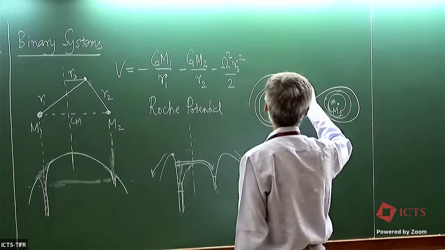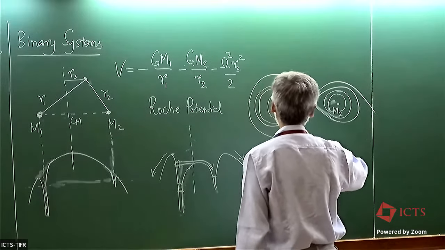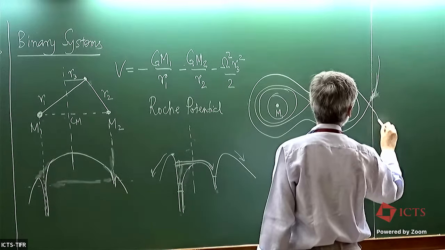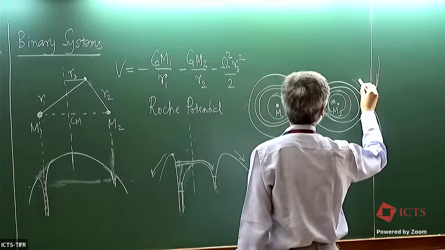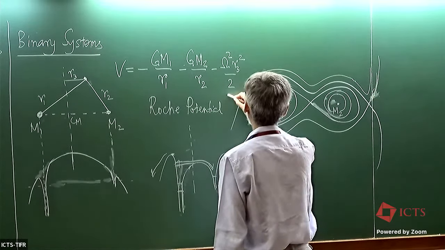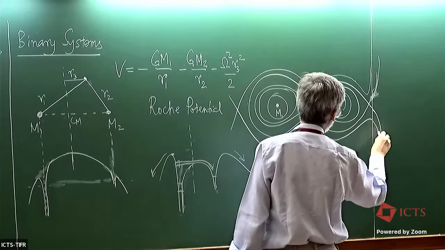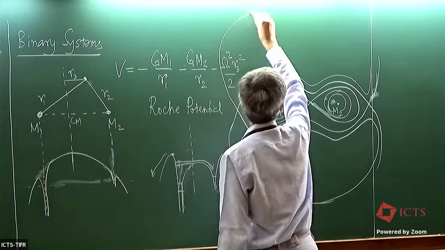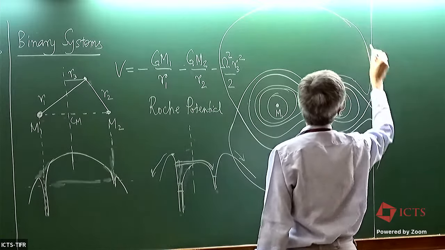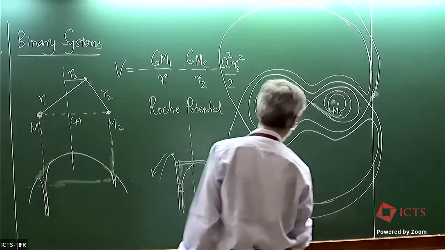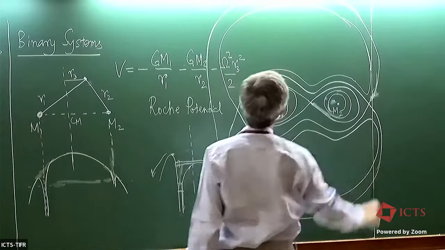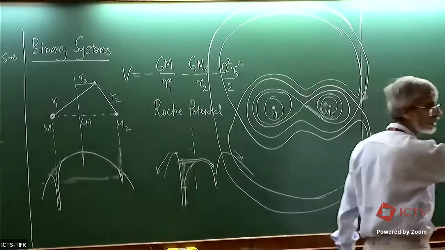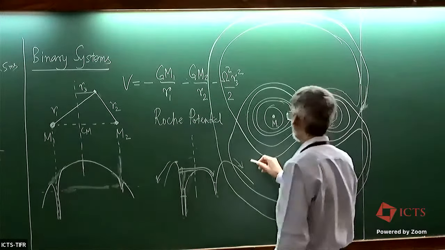So you have this, and then I have this. And then you will have further equipotentials which will just be encircling this and then keep going down. Inside here, you will also have equipotentials like this.